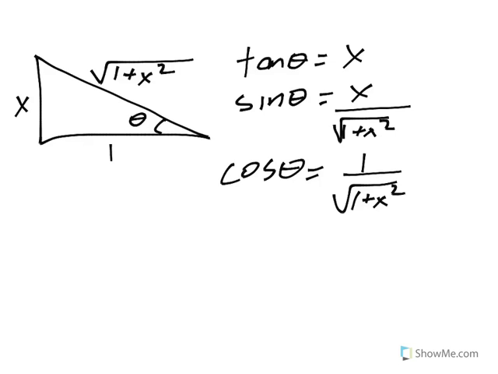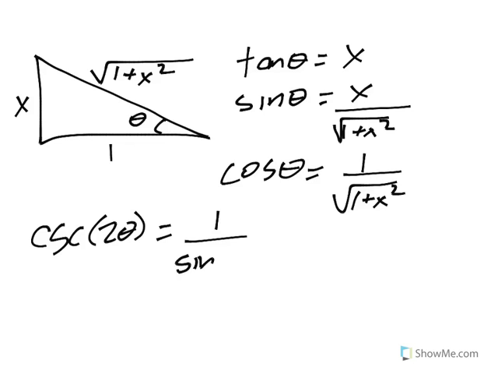So what we're trying to get is the cosecant of 2 theta. Well, that's just 1 over the sine of 2 theta. And the double angle identity for sine is that sine of 2 theta is 2 sine theta cosine theta.